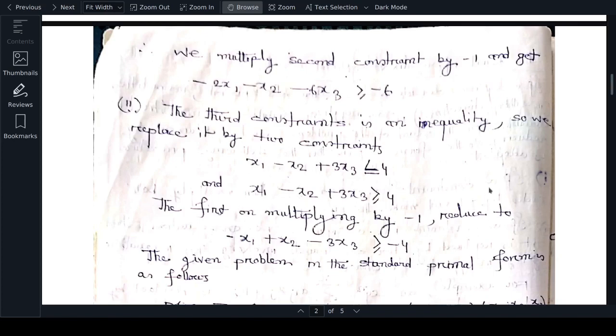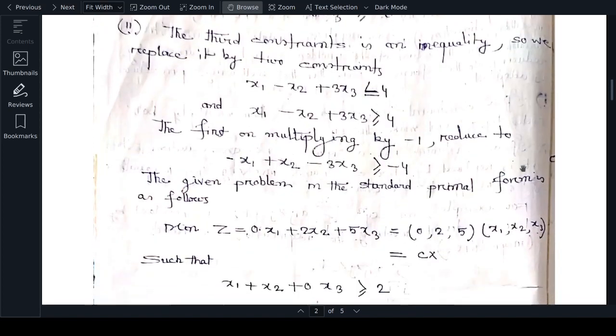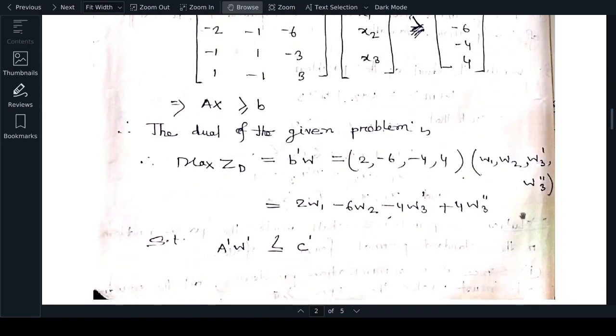Okay. So when we write an unrestricted in sign variable, how many unrestricted variables we get depends upon the equality symbols. If the constraint contains one equality symbol, then we get one unrestricted in sign variable. If two constraints are given with equality symbols, then we get two variables unrestricted in sign.